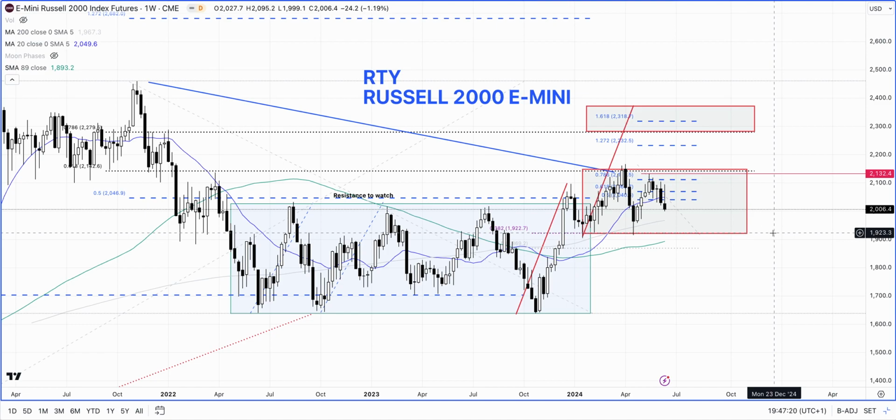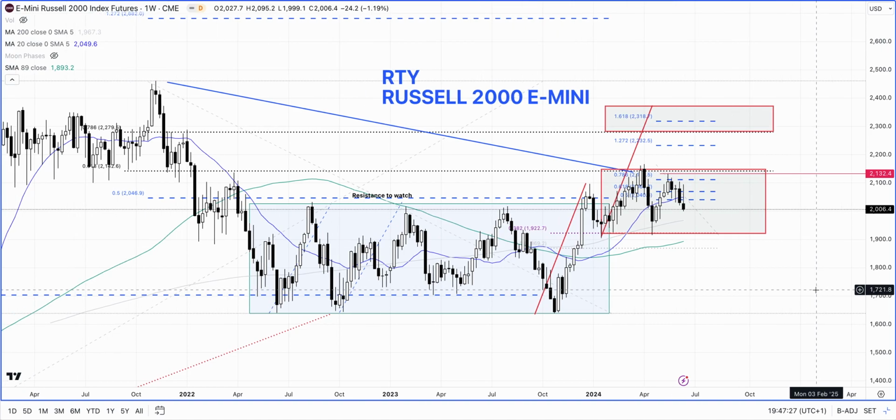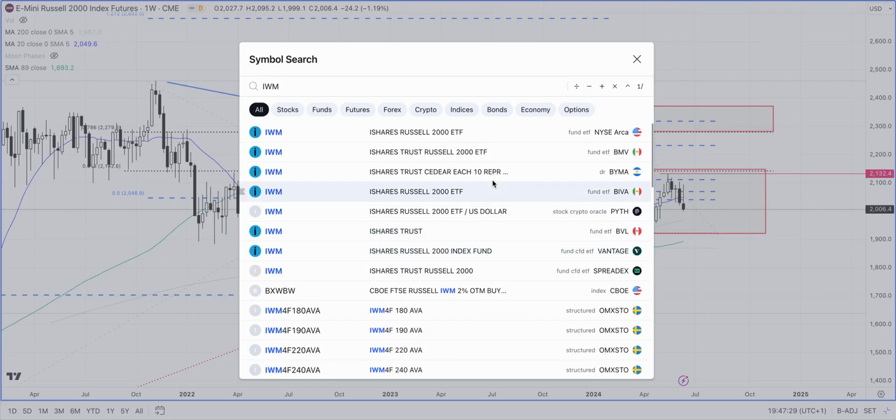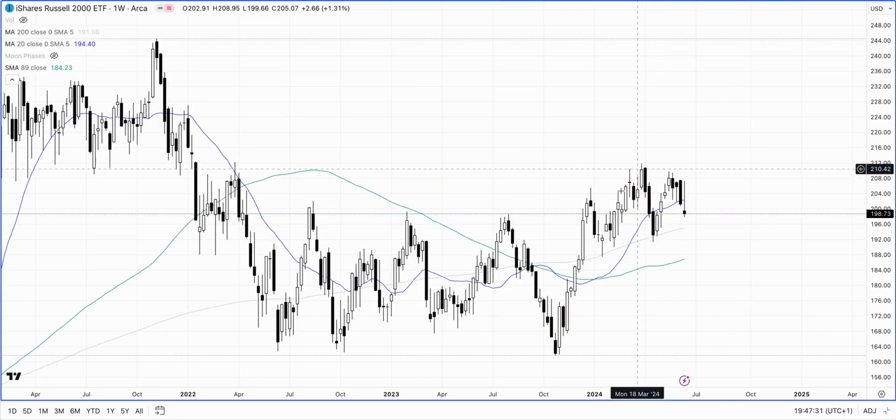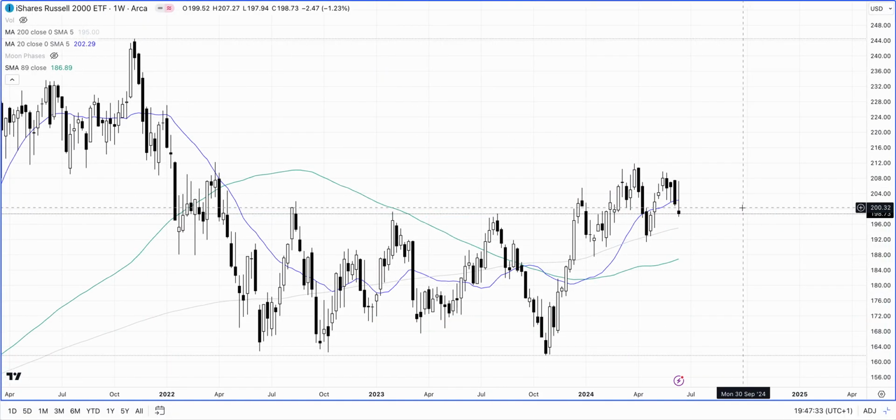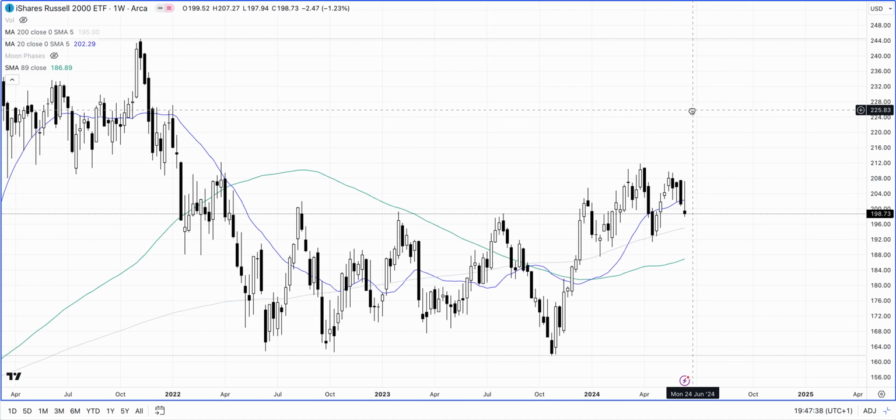And if it breaks this low, then we could have a bigger ABCD moving it lower. But the chances are we are in this kind of a trading range for quite some time, and I think we can also see this same kind of pattern in its cash, which is the Russell 2000 ETF market.